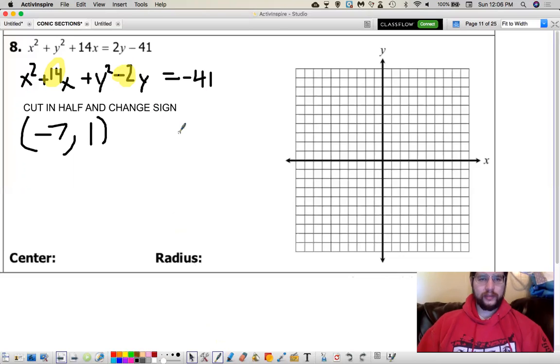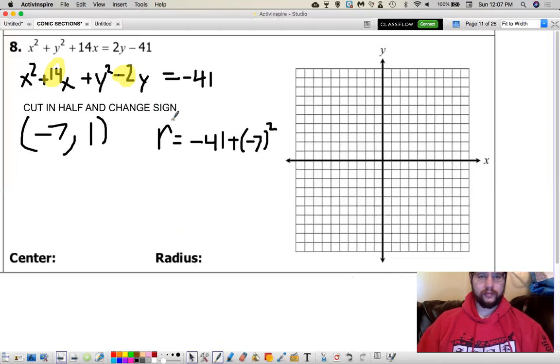Now, the radius. So we're going to take this thing and add the square of these. That's actually r squared.